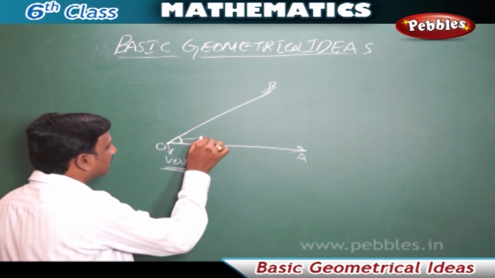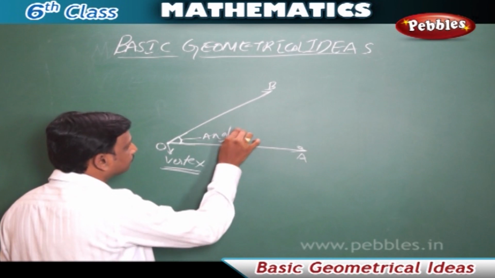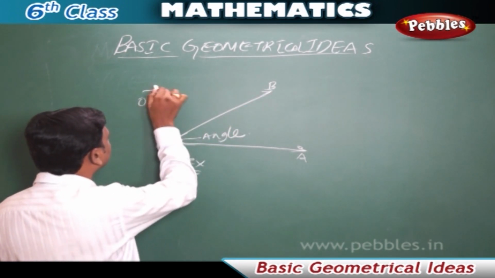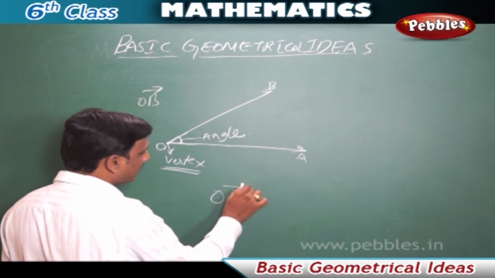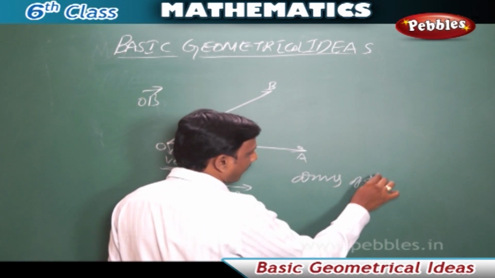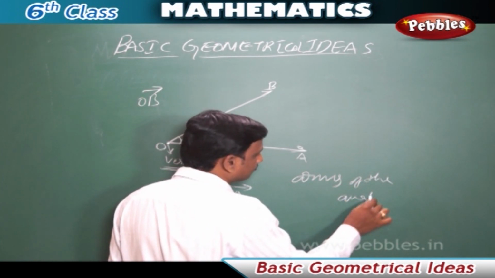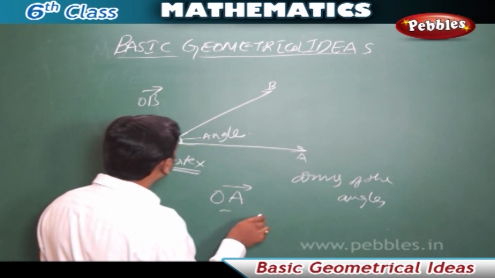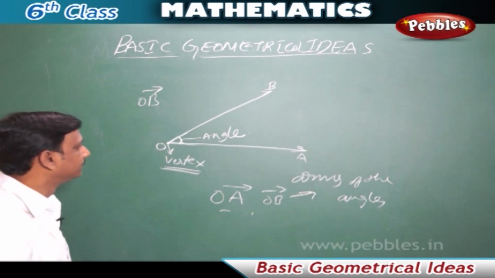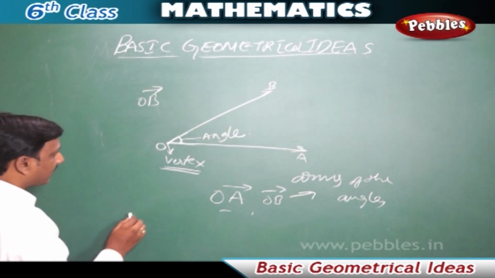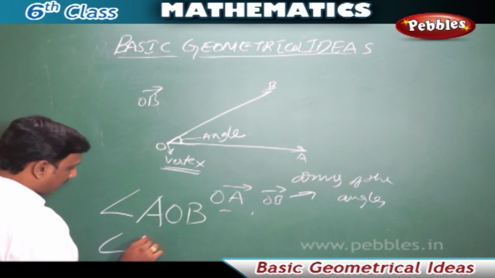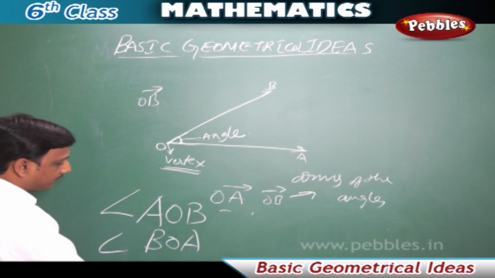And this part is called angle. Here this OB and ray OA are the arms of the angle. These two are OA and OB. These two are arms of the angle. And we call this angle as angle AOB or angle BOA.